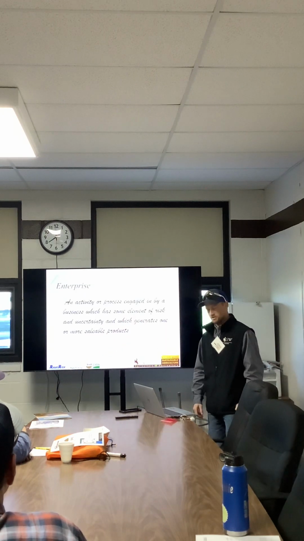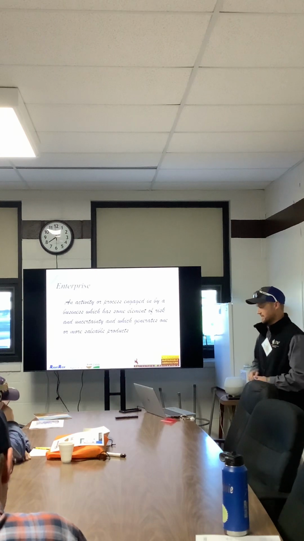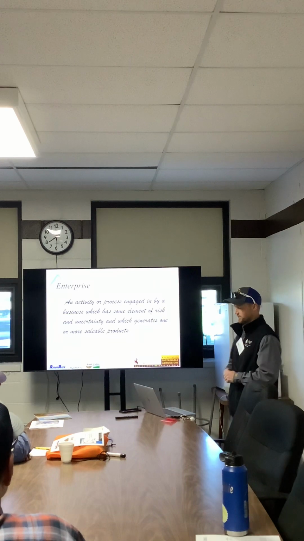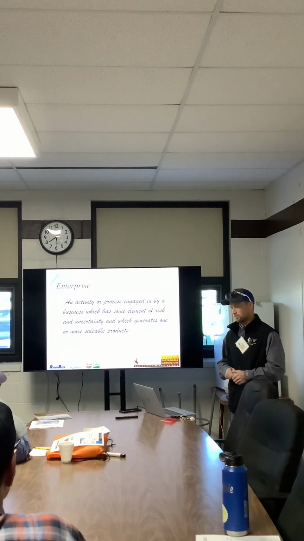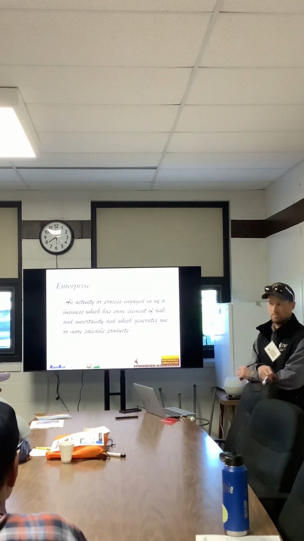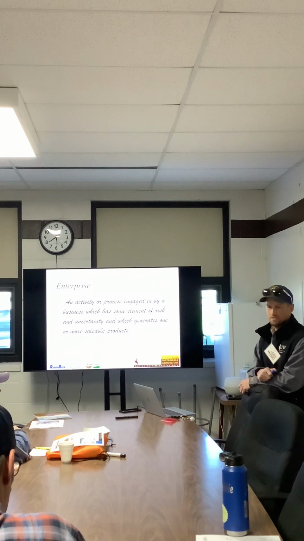So some of the terminology, as I mentioned: an enterprise is an activity or process engaged in or by a business that has some element of risk and uncertainty, which generates one or more saleable products. When you think about a farm or ranch operation, typically they're gonna have more than one enterprise. Maybe you have an alfalfa hay operation, and also a farm flock of sheep. Those would be separate enterprises.